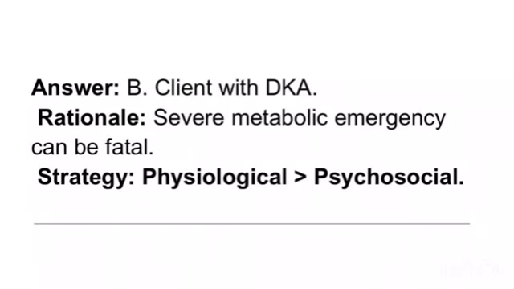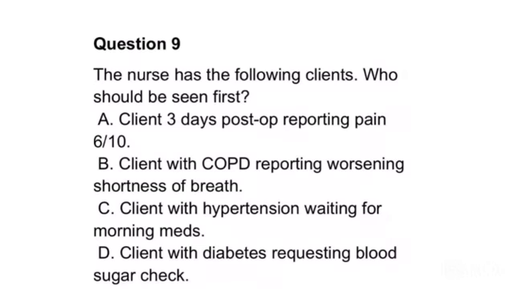Question 9. The nurse has the following clients. Who should be seen first? A. Client 3 days post-op reporting pain 6 out of 10. B. Client with COPD reporting worsening shortness of breath. C. Client with hypertension waiting for morning meds.